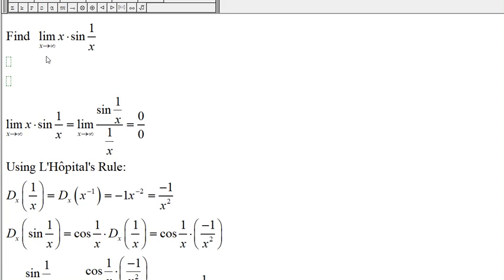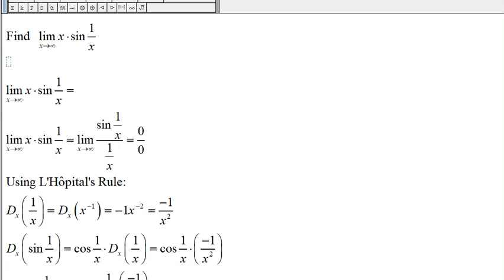Here we're going to find the limit of x times sine of 1 over x as x approaches infinity. As x approaches infinity, here we get infinity times 1 over x approaches 0, sine of 0 is 0.